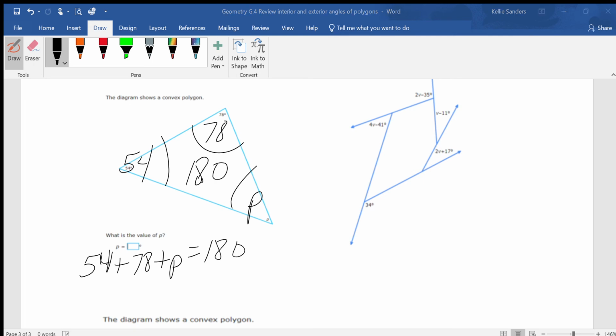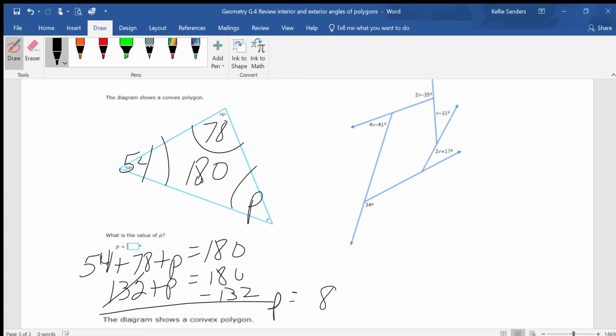I know I'm doing it the longer, drawn out way, but in case you had a harder problem, you might be able to talk your way through it. And then subtract the 132. So P equals 48.